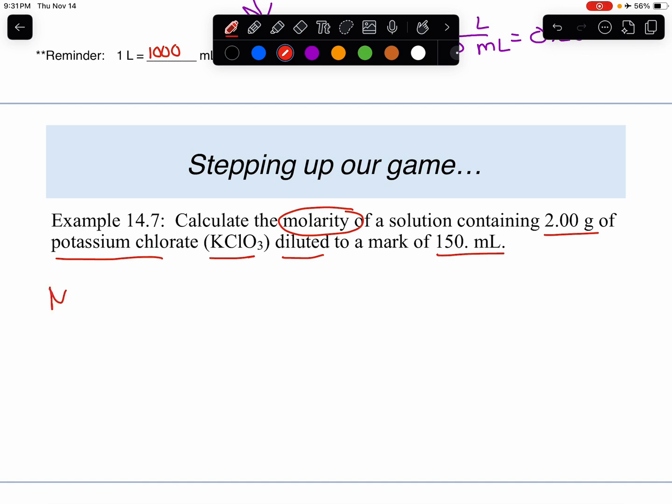Now our equation still is moles divided by liters. So you can clearly see, I like to always make a game plan here. The milliliters is going to be converted and fit down there, but this 2 grams cannot fit in the mole spot, okay? So we need to go ahead and convert 2 grams into moles before we can put it into the top. All right?